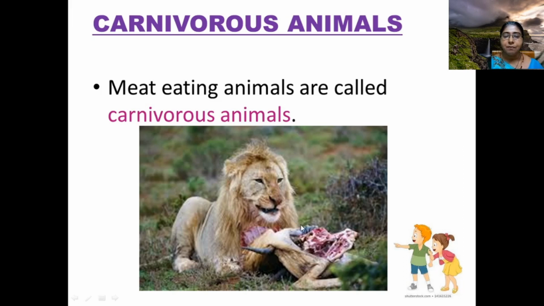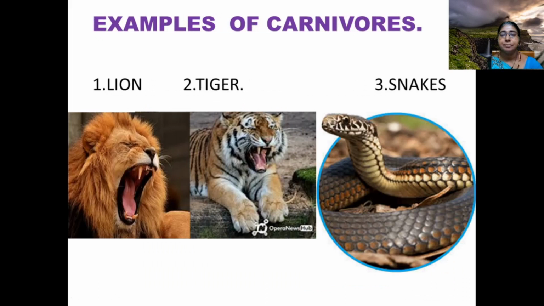It eats the flesh of other animals. Some examples of carnivores are lion, tiger, snake, jackal, hyena, different types of fish. So, they are the examples of carnivores.